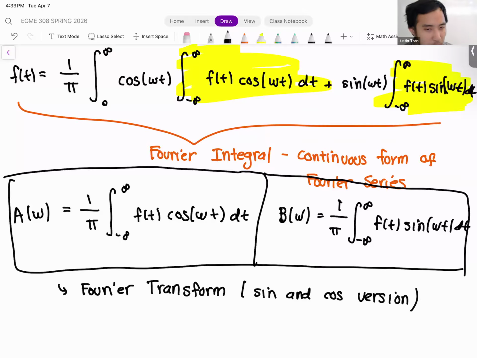There are going to be various forms of the Fourier transform. We'll go over other forms, and actually other forms are a little bit more convenient. But we'll call this the sine and cosine version of our Fourier transform.